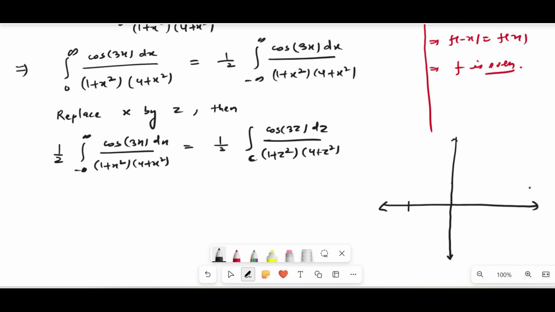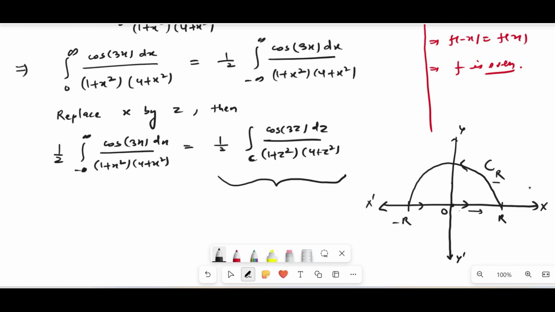So the curve along the x axis will vary from negative r to the positive r, and here this is a half circle with center at 0, and the direction will be counterclockwise, and this curve will be C along the radius r. So this integral will be the sum of the integral along the x-axis and along the curve C having a radius r.